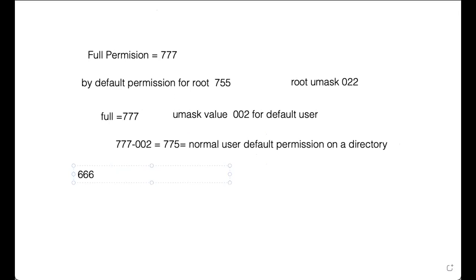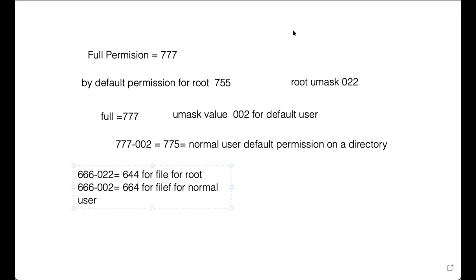If we subtract the root umask 022, we get 644 for a root user's file. Similarly, 666 minus the normal user's umask 002 gives 664 for a normal user's file.